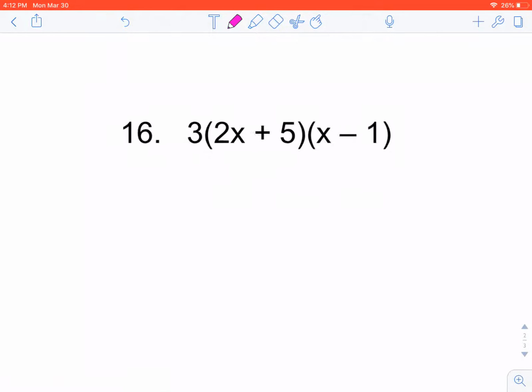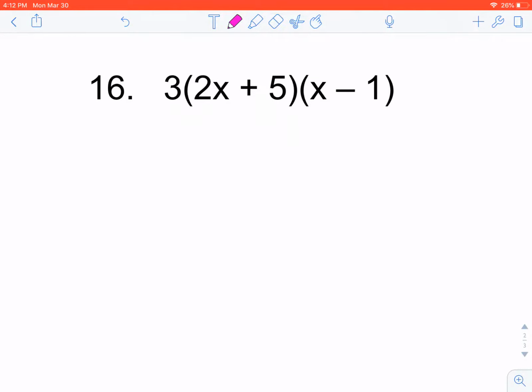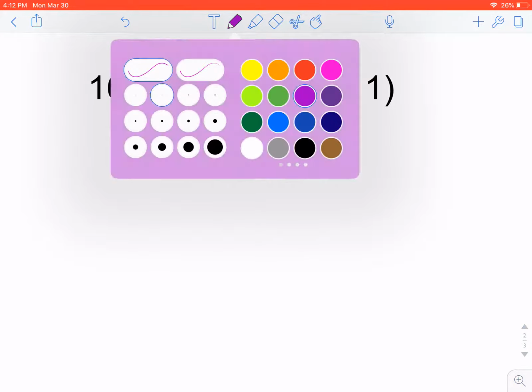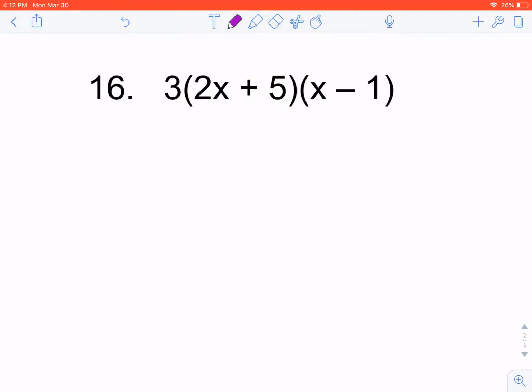So if you look at number 16, this looks like a problem that's already factored. Our goal is to go back to the original problem. What would it have looked like to start with? So we're going to use FOIL, which we said was first, outer, inner, last. FOIL is a way for us to multiply. Before we use FOIL, though, there's a little 3 in front.